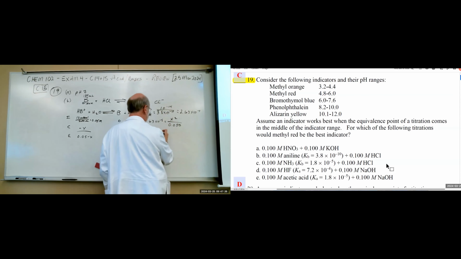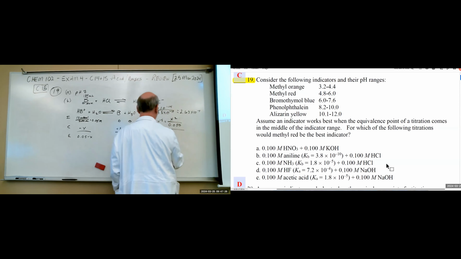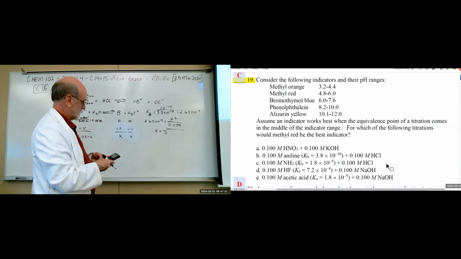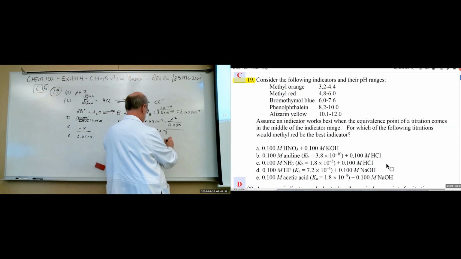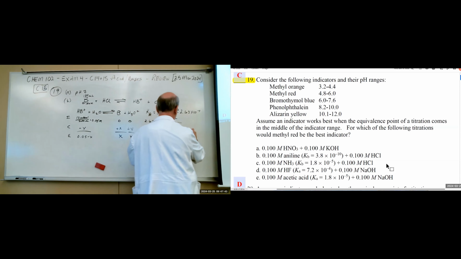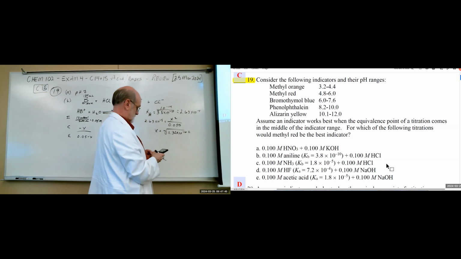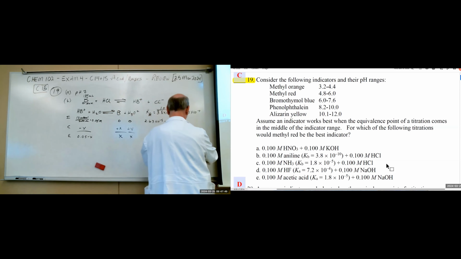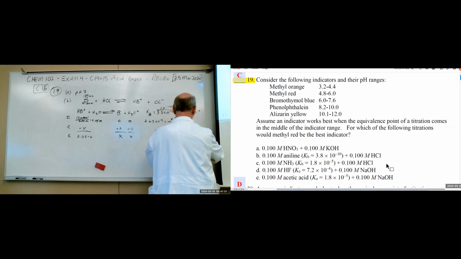Right? So X is going to be the square root of 0.05 times 2.63 times 10 to the minus 5, which is 1.32 times 10 to the minus 6, and X equals the square root of that, 1.14 times 10 to the minus 3.